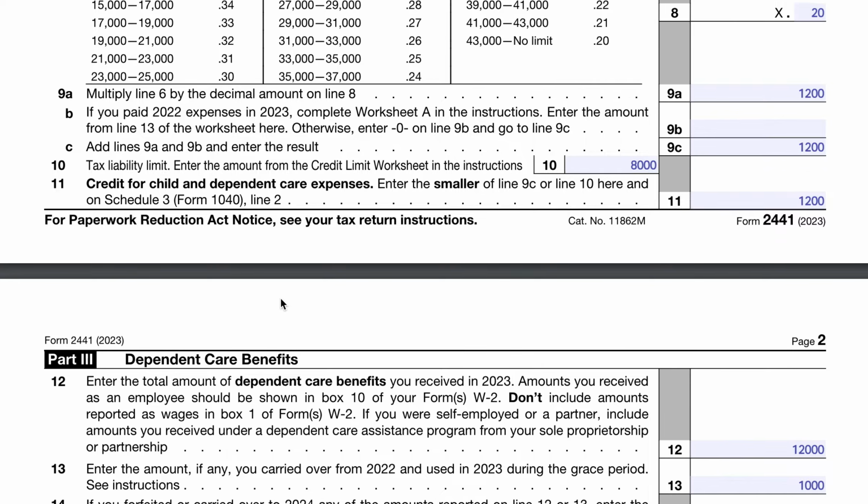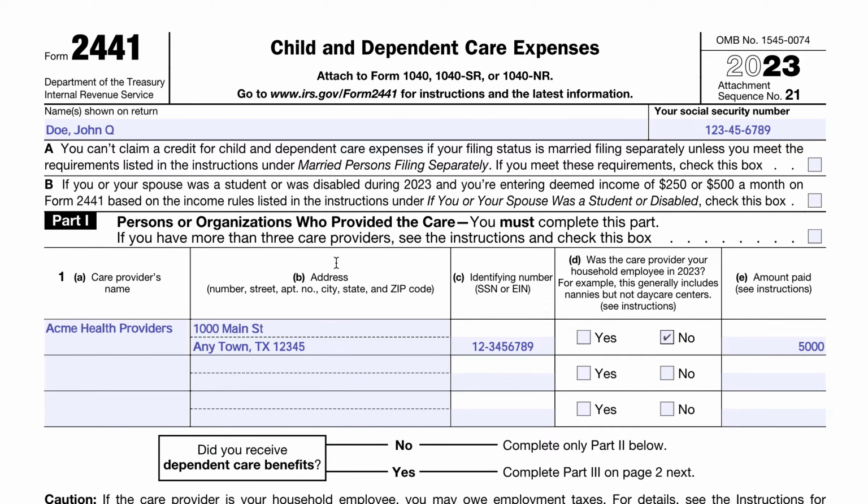So before we get into the nuts and bolts of this form, it's probably prudent at this point to discuss exactly what qualifies for the child and dependent care expense credit or exclusion. The first thing would be dependent care benefits.